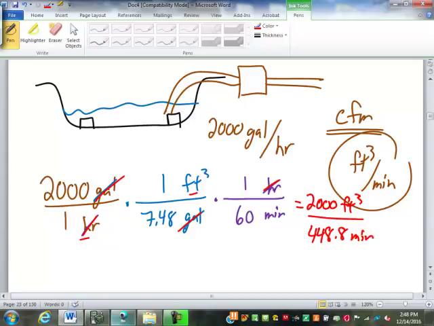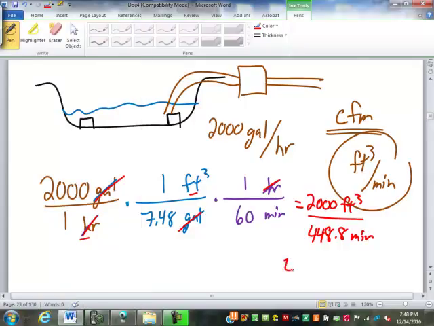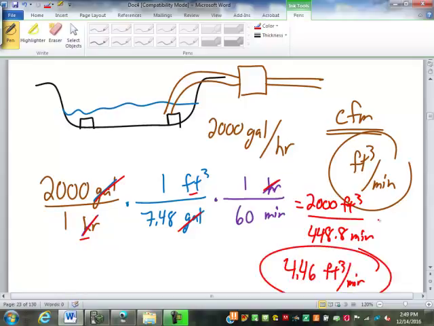So 2,000 divided by 448.8 is, oops, I needed one more zero. It's actually 4.46 cubic feet per minute. So that's actually a really slow pump. 2,000 gallons per hour sounds like a lot of water. It really isn't.